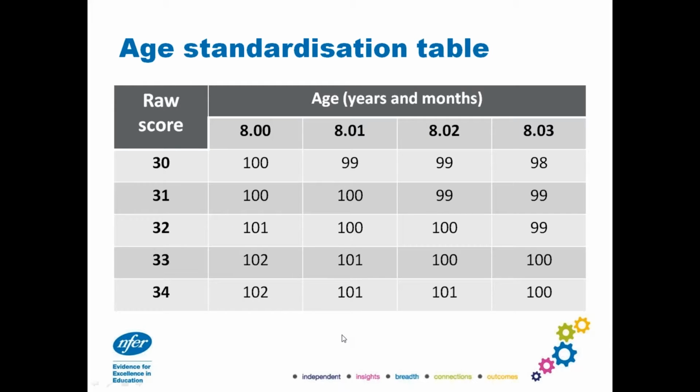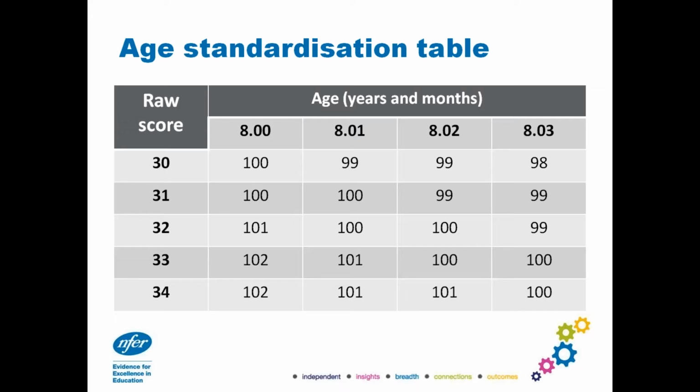So here we've got an age standardisation table. This is the output from a year 3 reading test, and you can notice from this table, along the top we've got the age in years and months. So 8.01, for example, means that the child is 8 years and 1 month old. And if you notice in this table, for the same raw score in the left-hand column, a younger pupil may actually get a higher age standardised score.